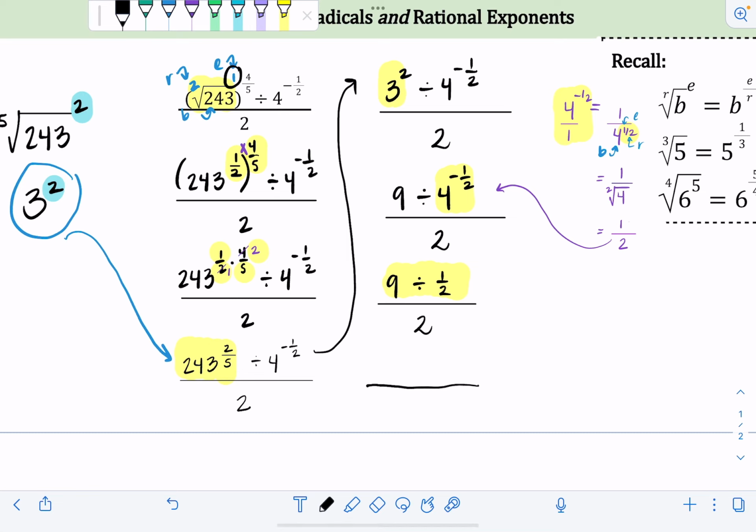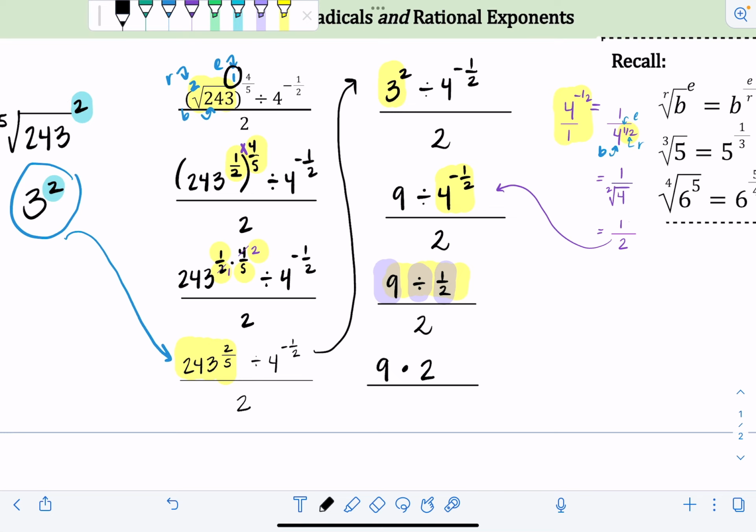So the 9 stays the same, instead of dividing we change it to multiplication, and the reciprocal of 1/2 becomes 2 over 1. But 2 over 1 is just 2, so we can just write it as 2.